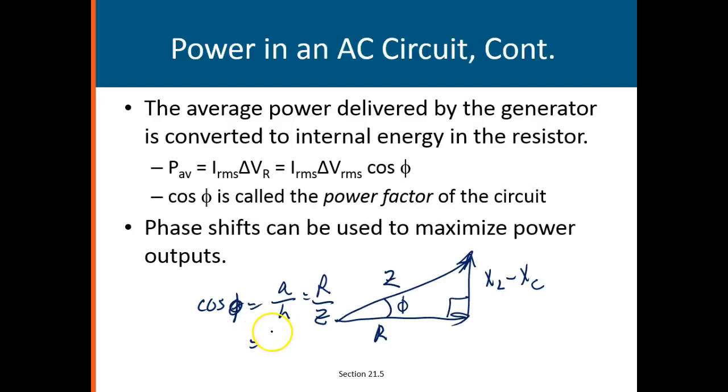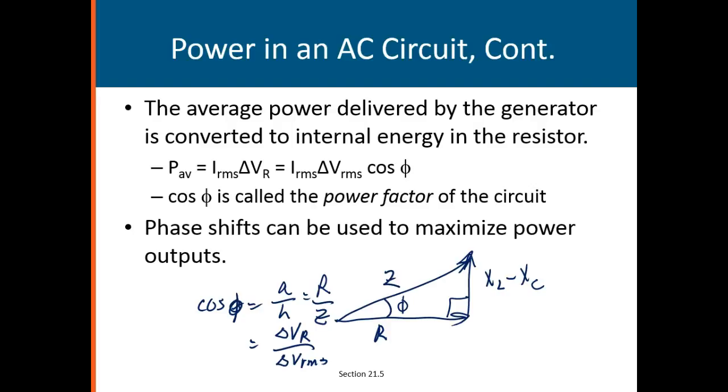That's also equal to delta V_R over delta V_RMS. It doesn't have an equation number, but in section 21.5, delta V_R is equal to delta V_RMS cosine phi.